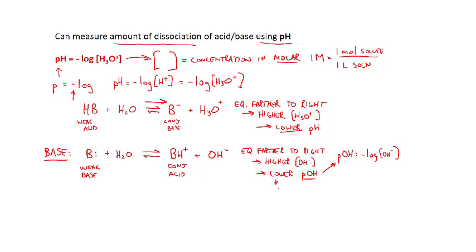Now, a lower pOH is exactly the same thing as saying a higher pH. And the reason for that is because the concentration of OH- and the concentration of H3O+ are linked whenever you have a solution that's in water.